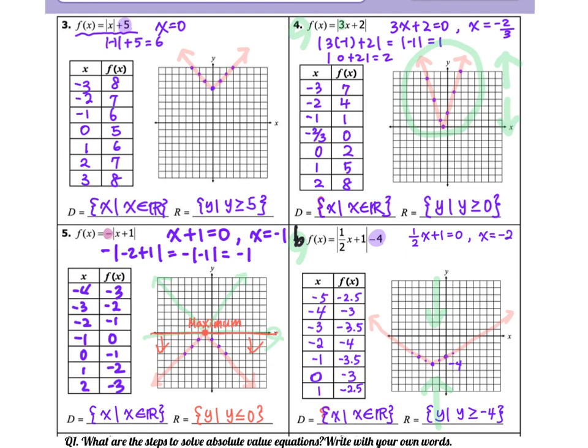Do you see the number in front of the x? That number is actually affecting the vertical stretch or vertical compression, so the graph becomes narrower or wider.